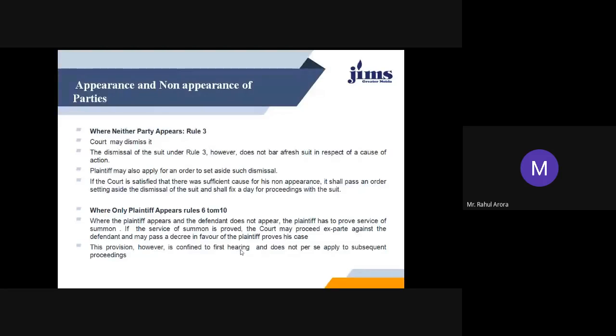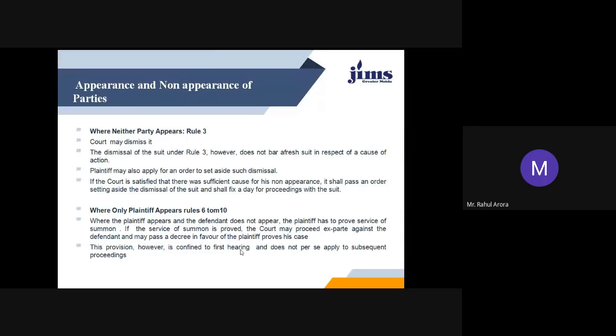But this dismissal of the suit under Rule 3, however, does not bar a fresh suit in respect of the cause of action.